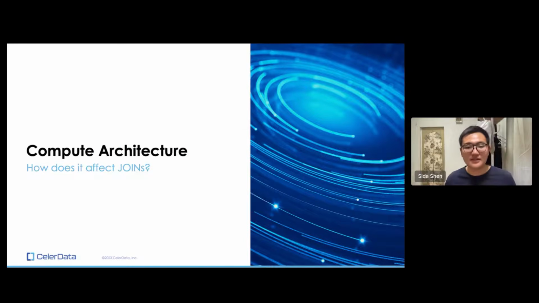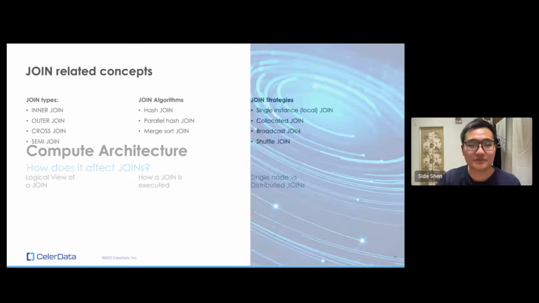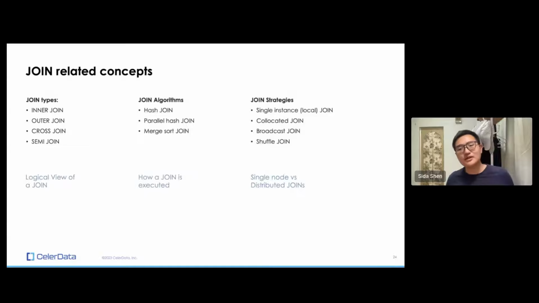Okay, and now let's talk about query planning, and how compute architecture affects join operations, right? First, I want to go over some key concepts so we don't get confused, right? There are some join types: inner join, outer join, cross join, semi join, or as-of join.